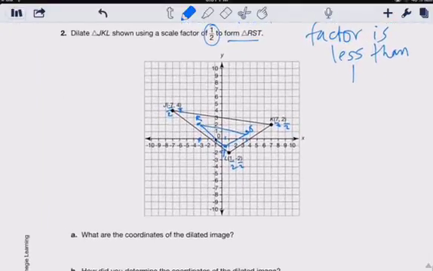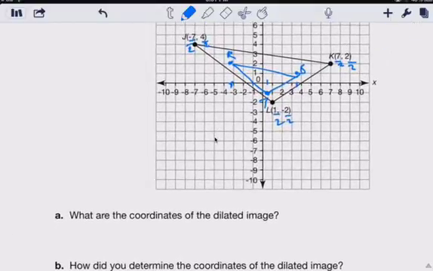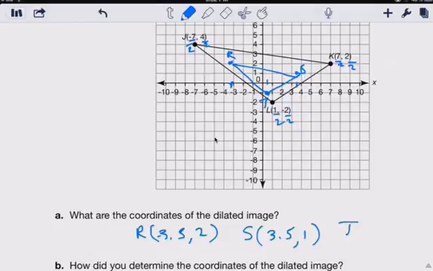Okay, coordinates. R is negative 3.5 and 2. S is positive 3.5 and 1. And T is, I'm sorry, 1/2 and negative 1.